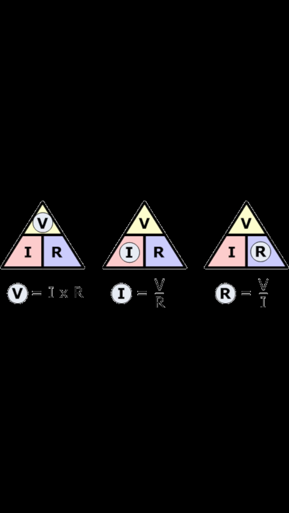If the voltage is increased to 240 volts, but the current remains constant, the element would produce 240 watts of heat. 240 times 1 equals 240.